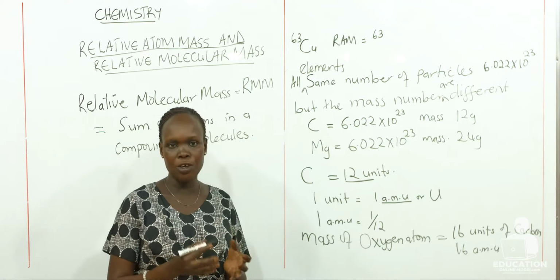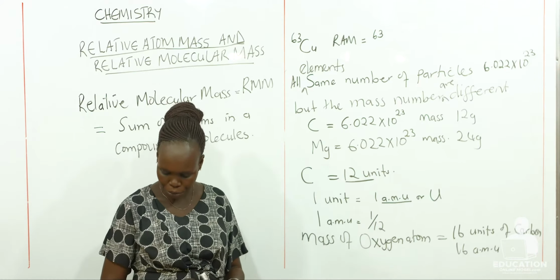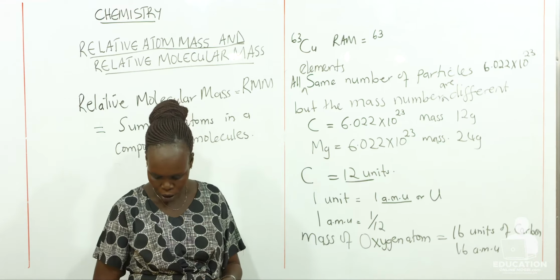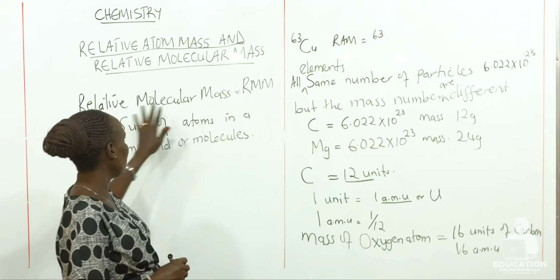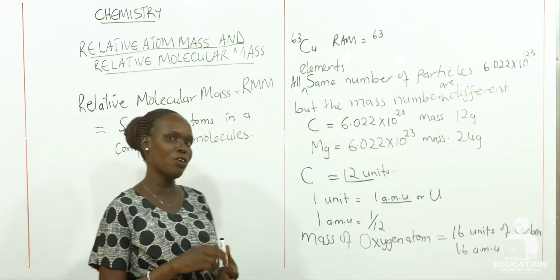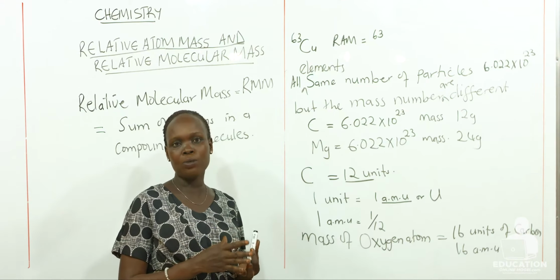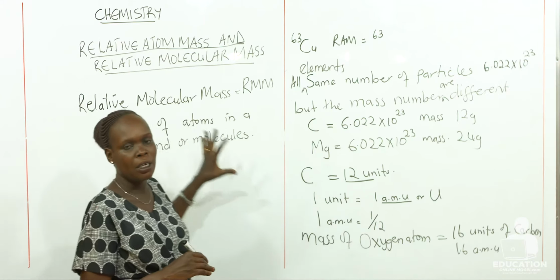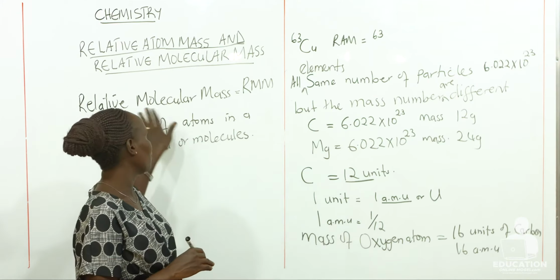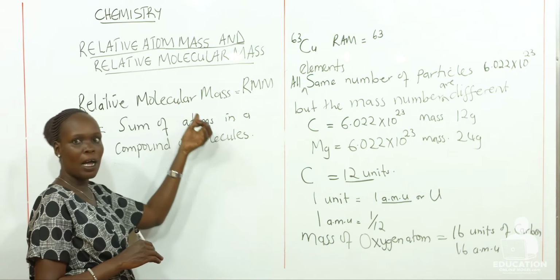It can be either the ionic compound or the molecular compounds. So we said this is relative molecular mass when we are talking of only molecules. But because there are other compounds which are ionic, this term is not okay for them, but we can say it is the relative formula mass.